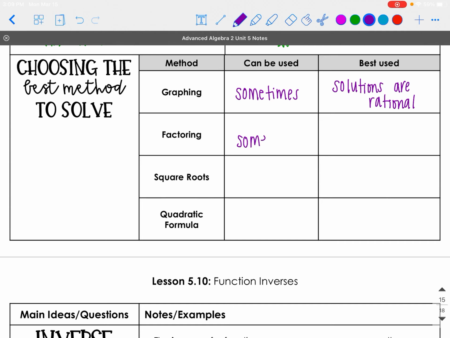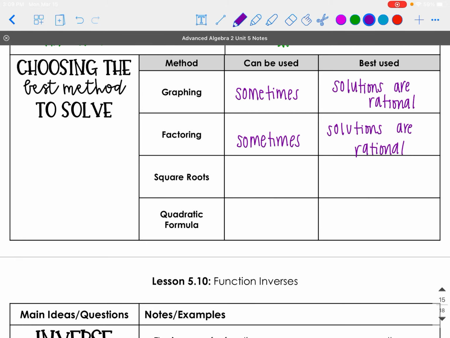Factoring works sometimes when your solutions are rational, again. So just occasionally. I wouldn't try to factor unless the question actually says solve by factoring.